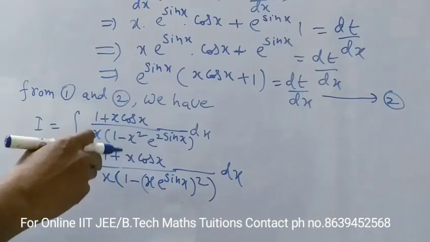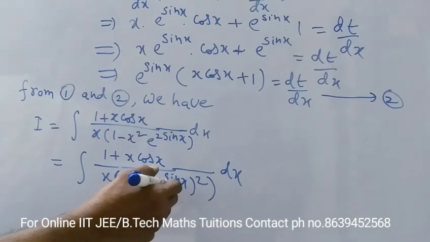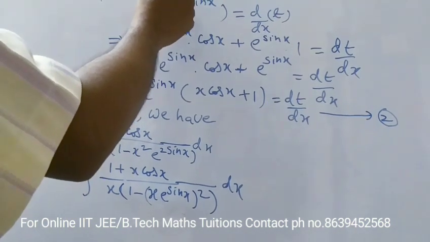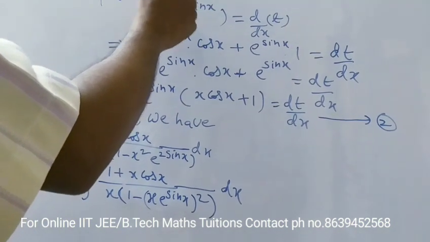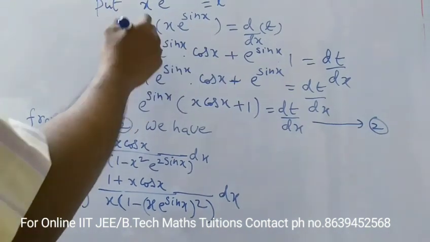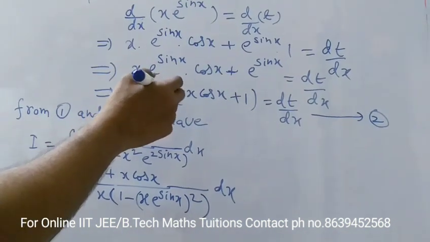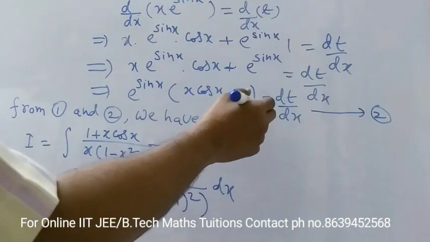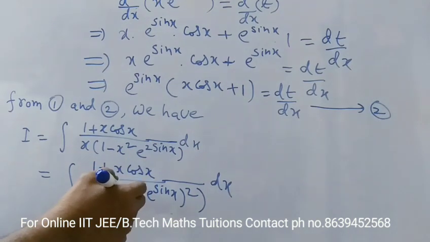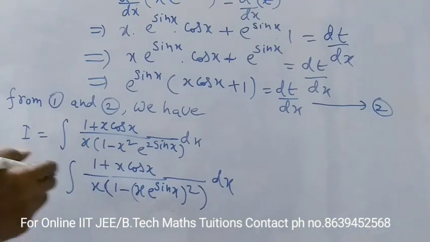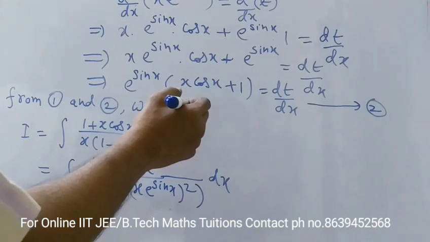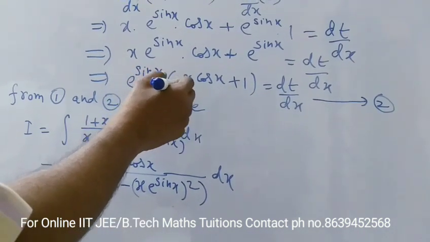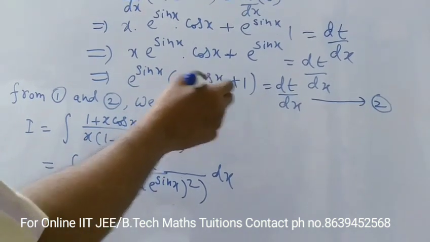Now we have already taken x into e to the power of sin x is equal to t as the substitution. After differentiation on both sides, we got e to the power of sin x of (x cos x plus 1) is equal to dt by dx. So here dx is equal to dt by e to the power of sin x (x cos x plus 1).